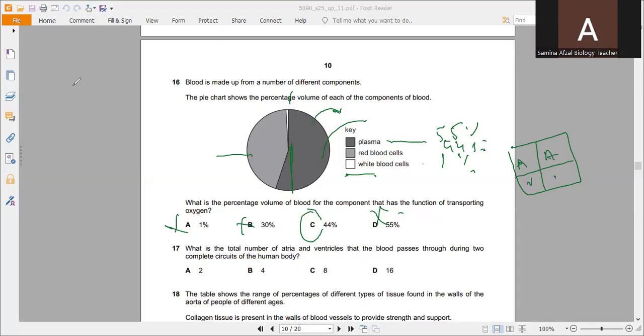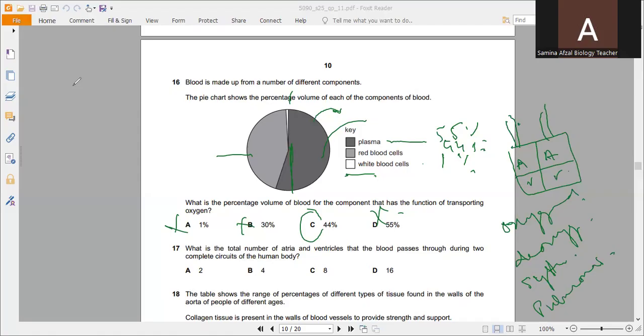Atrium, ventricle. So blood has to pass through them once in the form of oxygenated blood, and secondly, deoxygenated blood. Systemic circulation and pulmonary circulation, keep in mind.